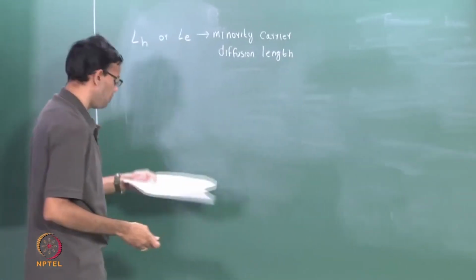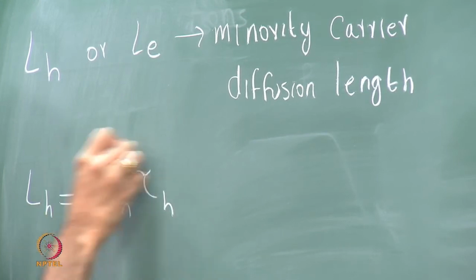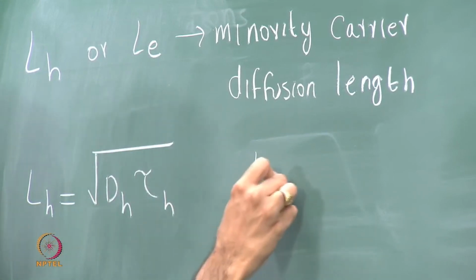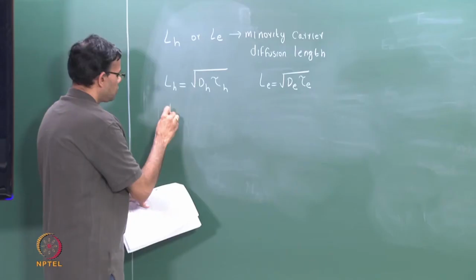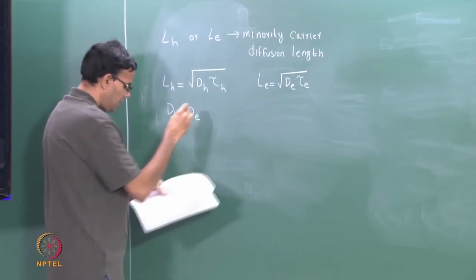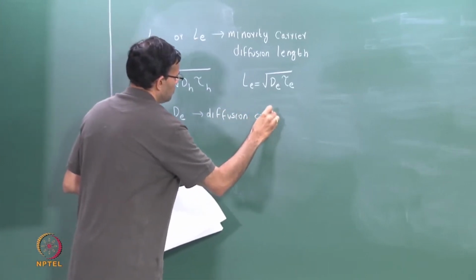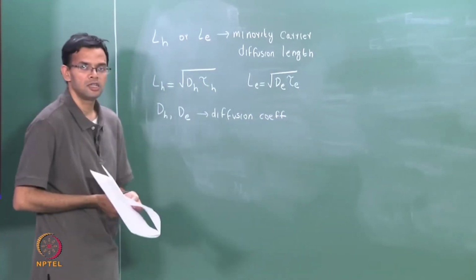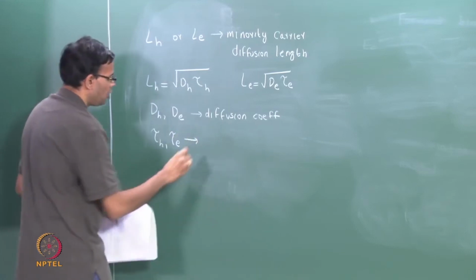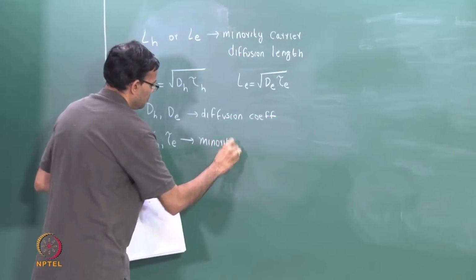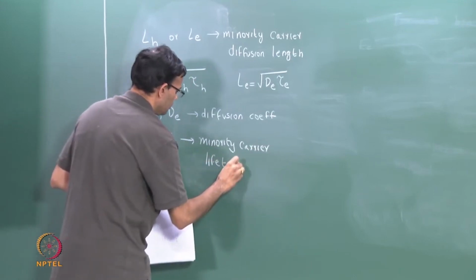We can relate L to a diffusion coefficient, so that L_H is the square root of D_H times tau_H, and similarly L_E is the square root of D_E times tau_E. So, D_H and D_E are diffusion coefficients, and tau_H and tau_E are the minority carrier lifetimes.